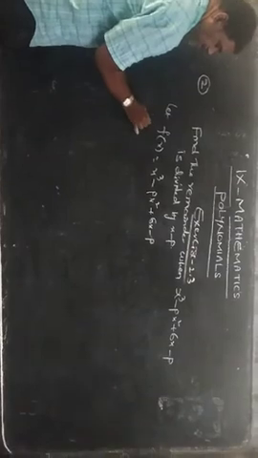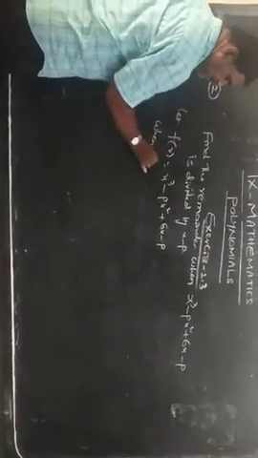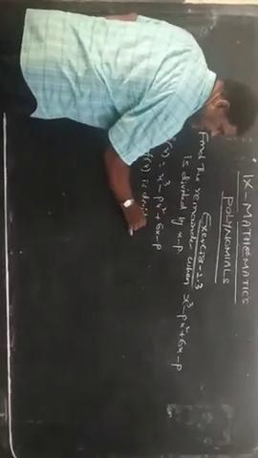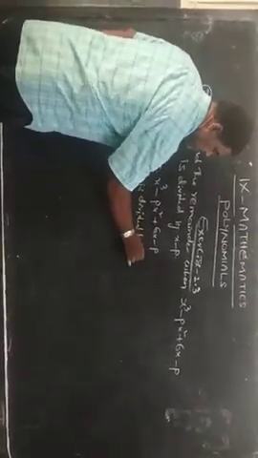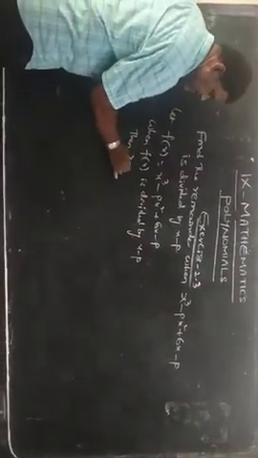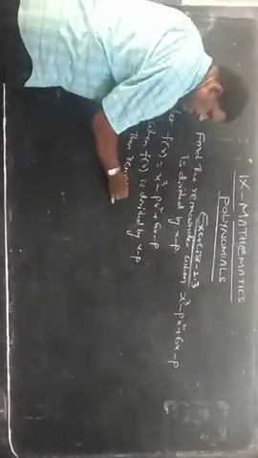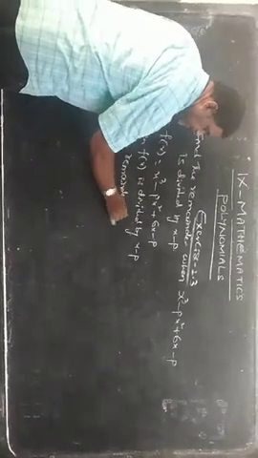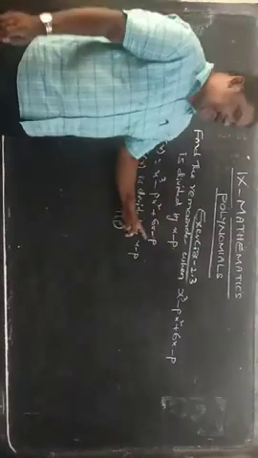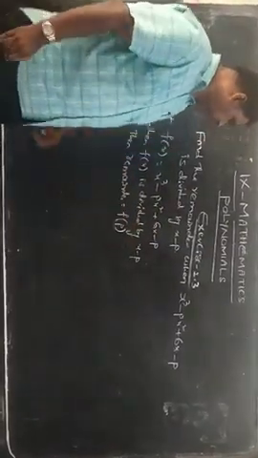From remainder theorem, when f of x is divided by x minus a, then the remainder is f of a. So when f of x is divided by x minus p, then the remainder is f of p.